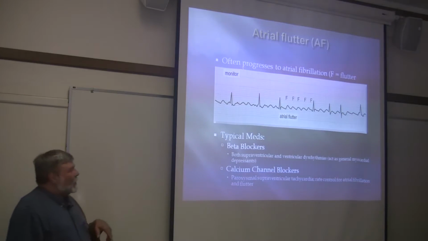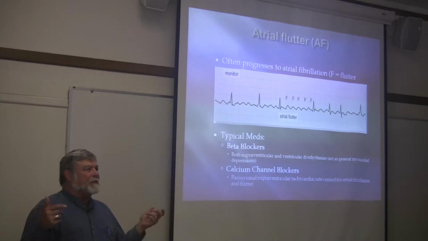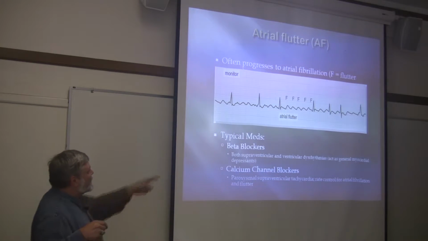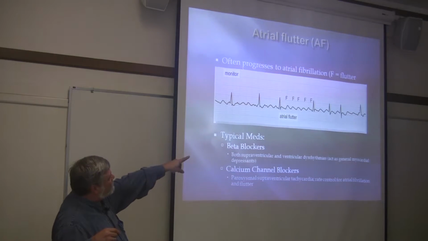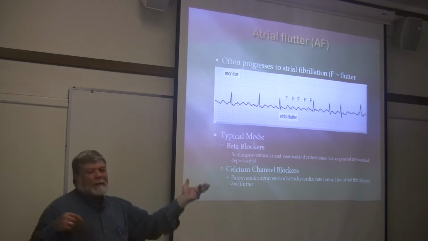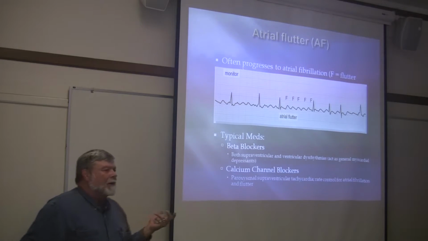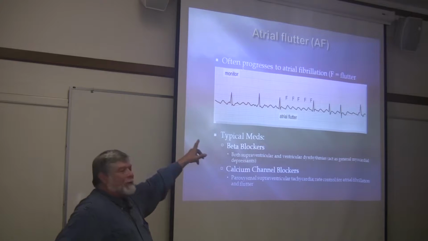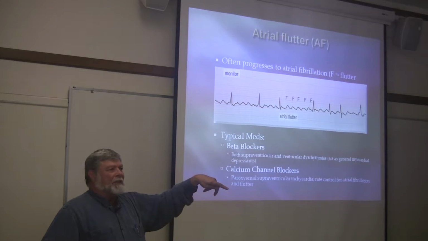Okay, atrial flutter. Have any of you seen a strip with flutter? They can be very distinctive. Now this one just has, we've got 2 and 2 and 5 and 2 and 2. They may be that way. Sometimes they're very regular. And atrial flutter is a little different than AFib in that you will find that often it is a regular rhythm in terms of the QRS complexes.